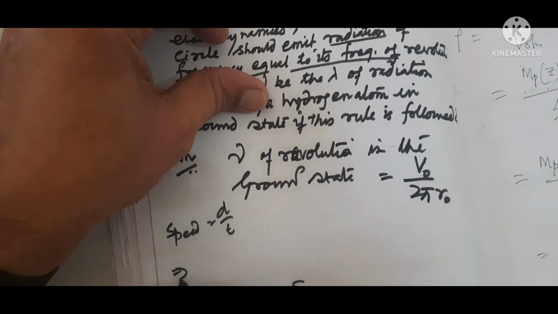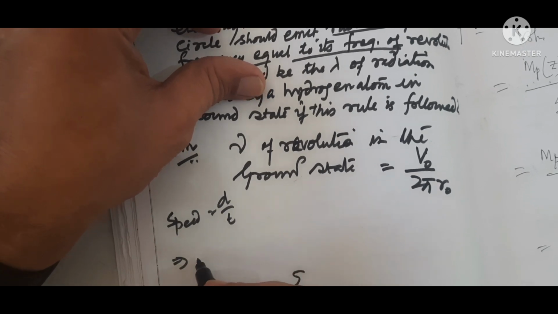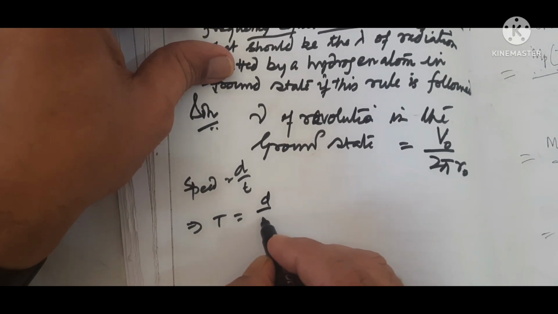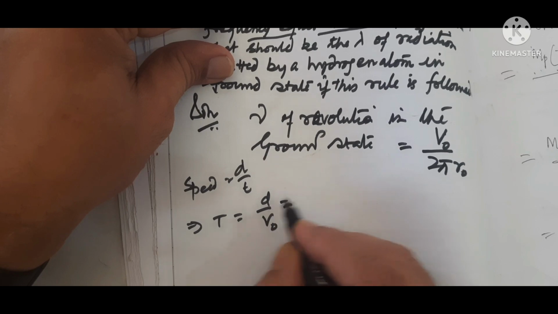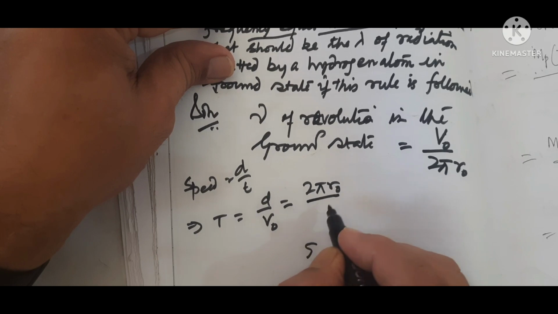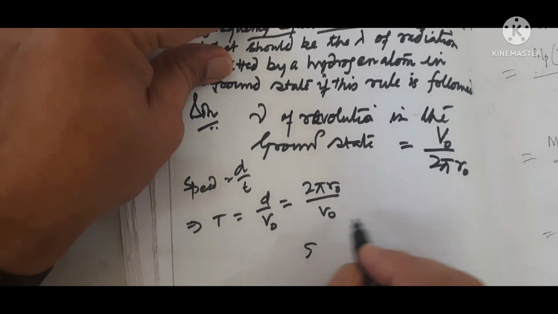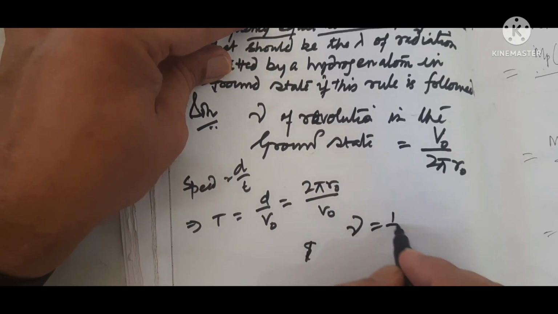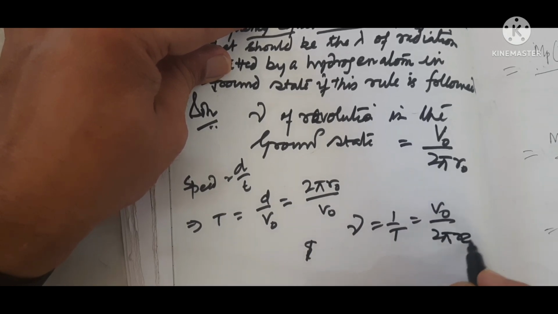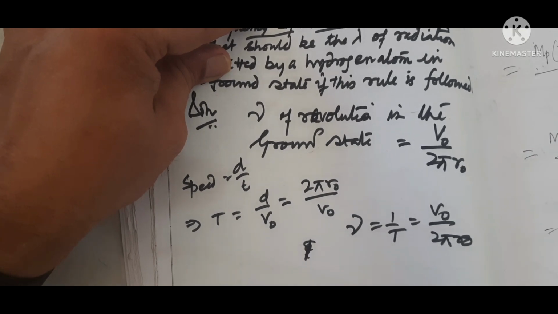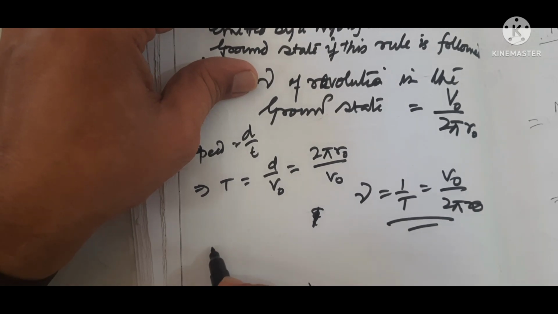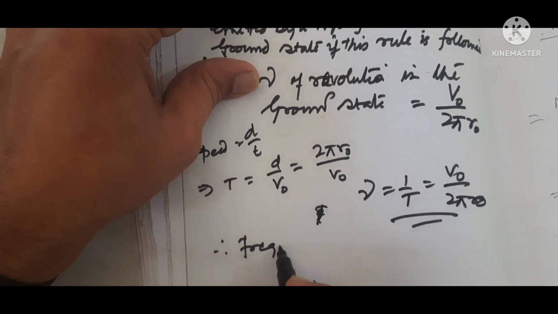For one complete revolution we can write t is equal to the time period. So t is equal to d by speed, say it is V naught, and d means total circumference 2 pi R naught, by V naught, and frequency is 1 by time period. So that's why V naught by 2 pi R naught, right? That's the frequency.